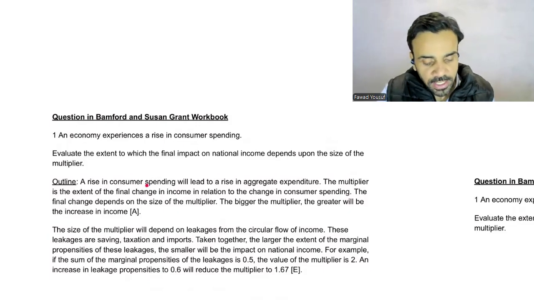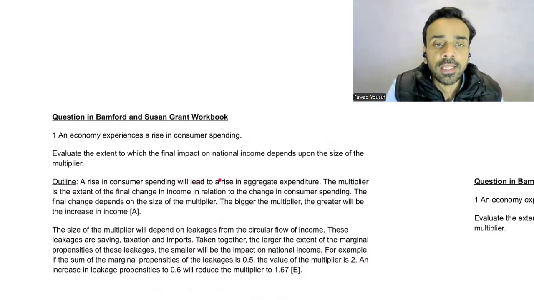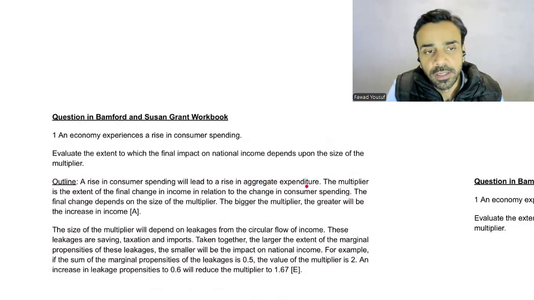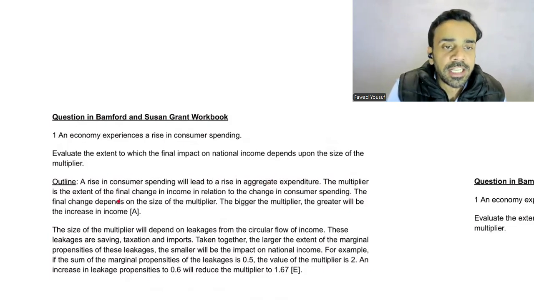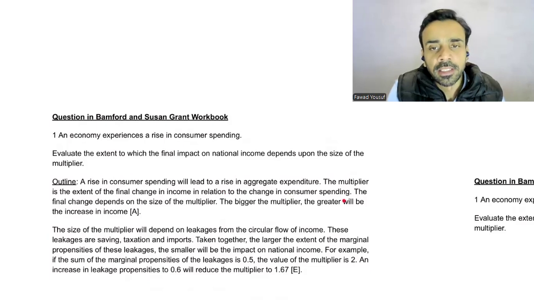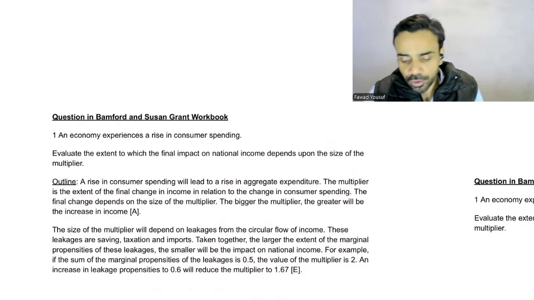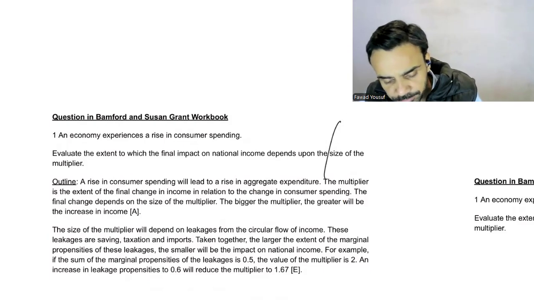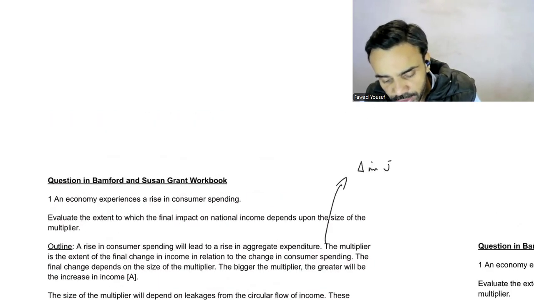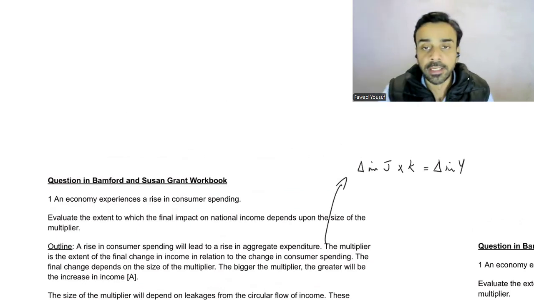ठीक है. So they say a rise in consumer spending will lead to a rise in aggregate expenditure. The multiplier is the extent of the final change in national income. यहाँ पे I think we should do the formulas, and we should do even that formula that when there is an injection in the economy, that injection goes through the multiplier effect and creates an impact on the national income.